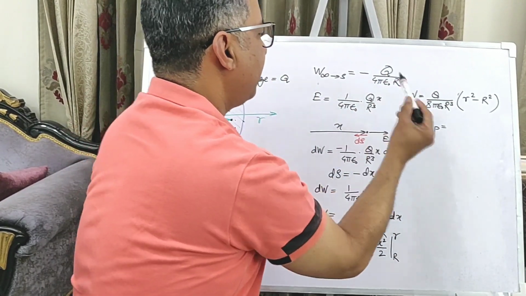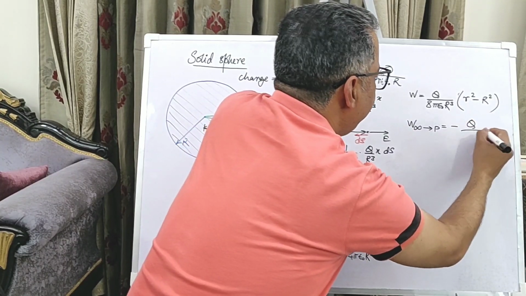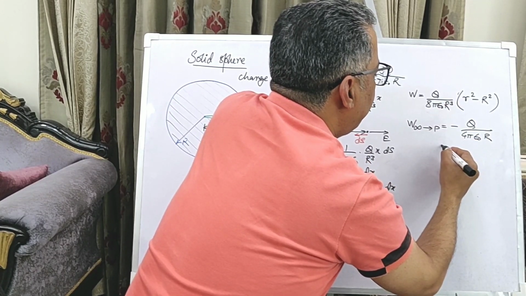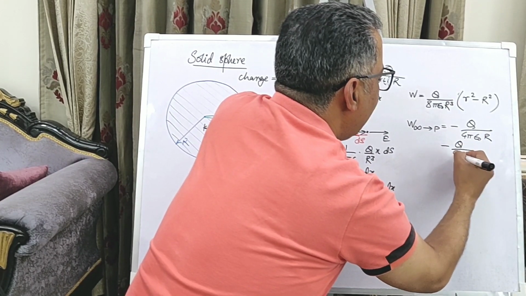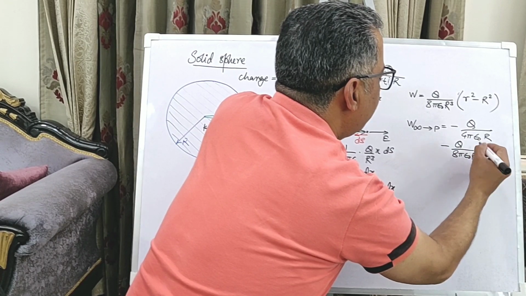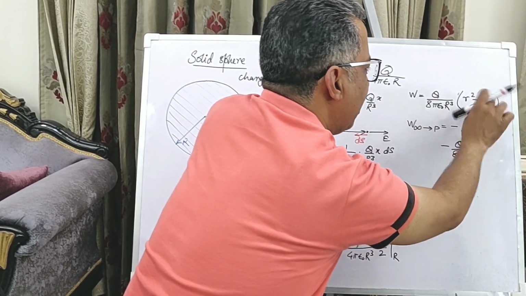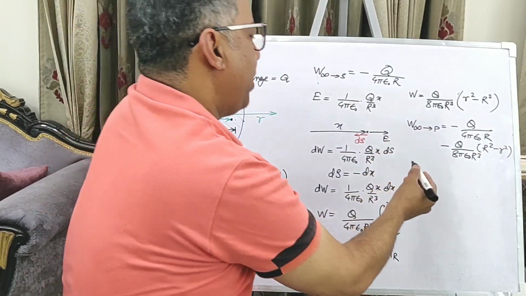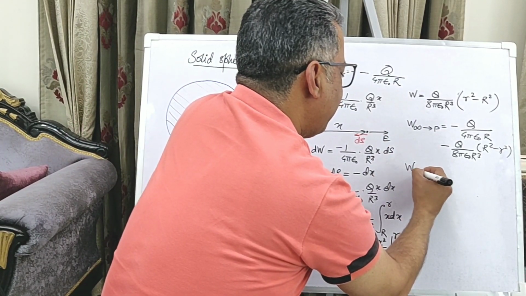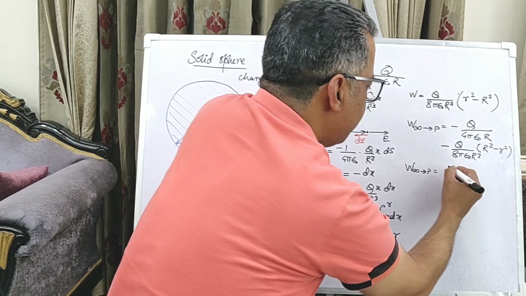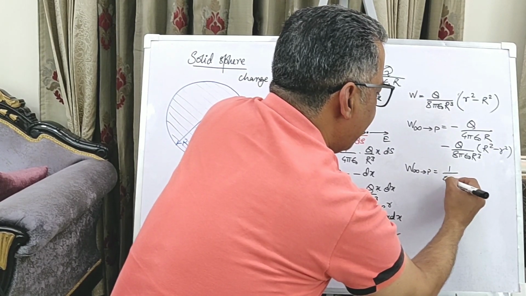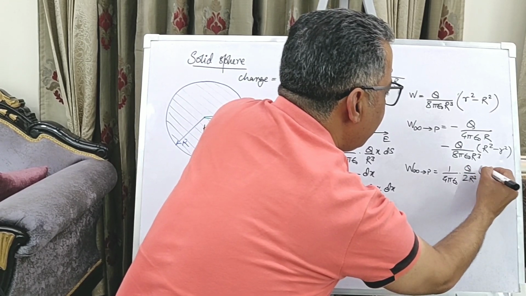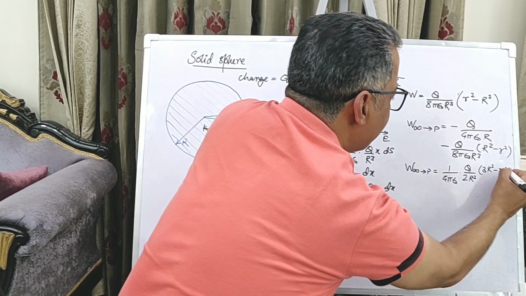So we have minus q by 4 pi epsilon naught R minus q by 8 pi epsilon naught R cube, and I'll put a minus sign here and interchange these terms, capital R square minus small r square. Now you add them up and you get the total work from infinity to P equal to 1 by 4 pi epsilon naught q by 2R cube into 3R square minus small r square.